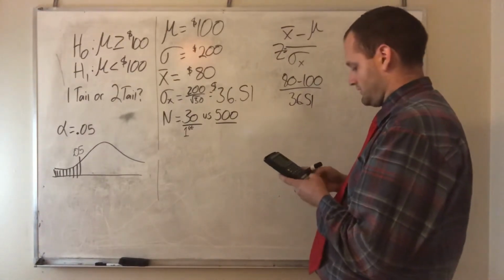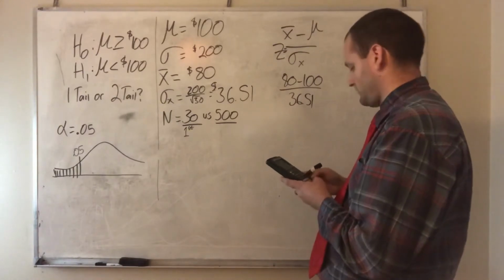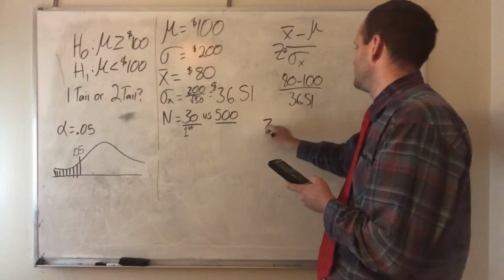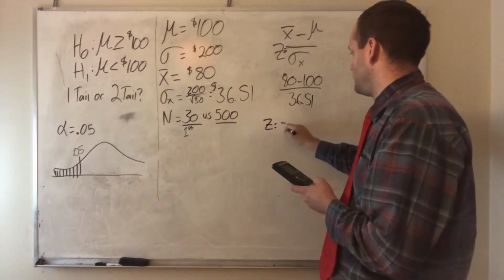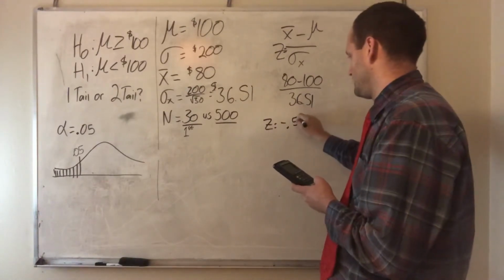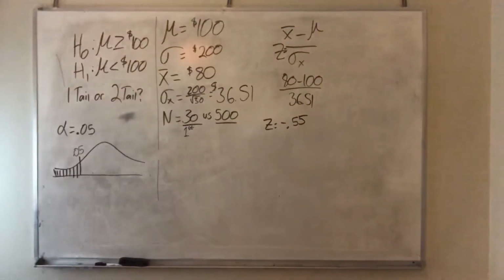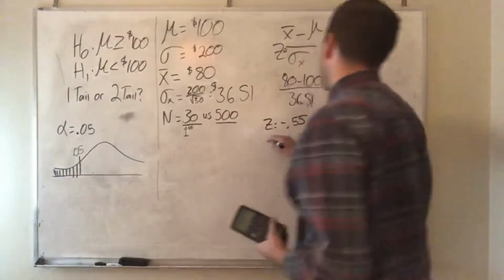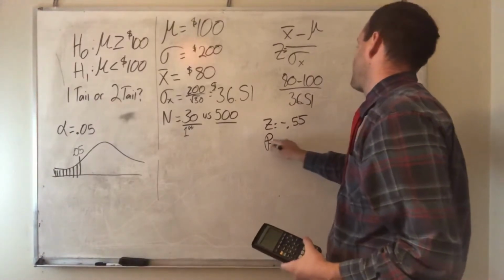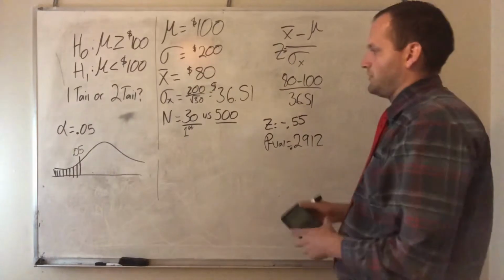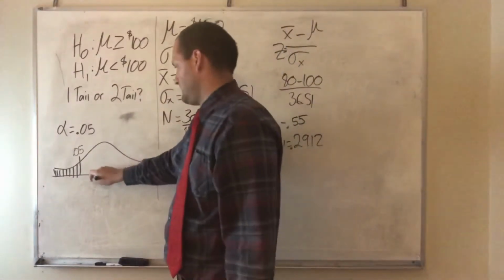Negative 20 divided by 36.51 gives us a z-score of negative 0.55. And the p-value for that would be 0.2912, which puts us right there.